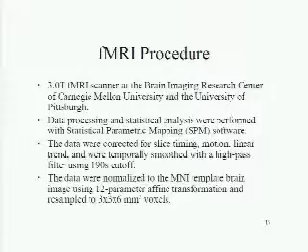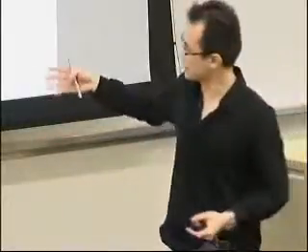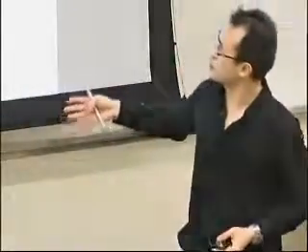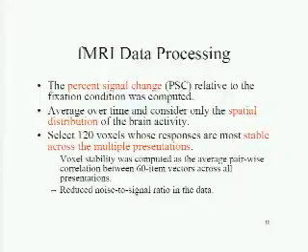The fMRI scanner, fMRI procedures, I'm not going into the details about the fMRI pre-processing steps. There are a lot of things that go on, but what I want to focus on is the data processing that is especially relevant for machine learning to do mental state decoding. So first of all, when we present an object, we present it for 3 seconds, and then for 7 seconds, the participant is expected to clear their mind.